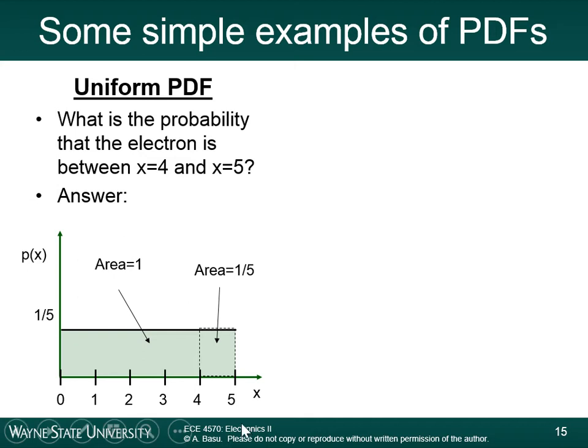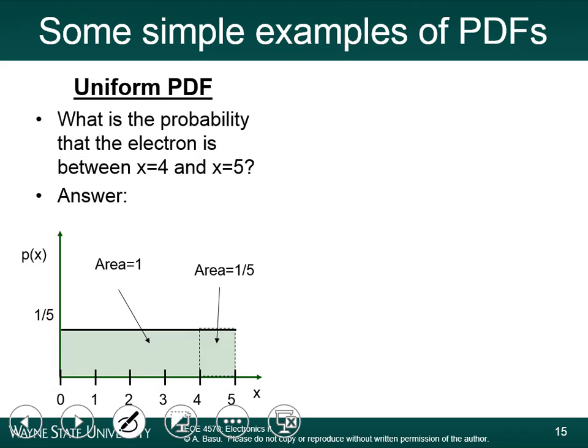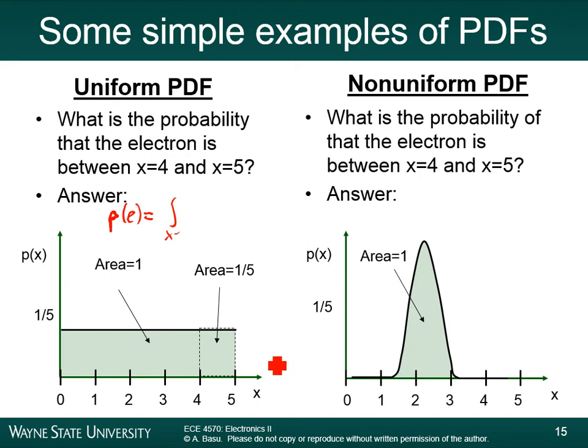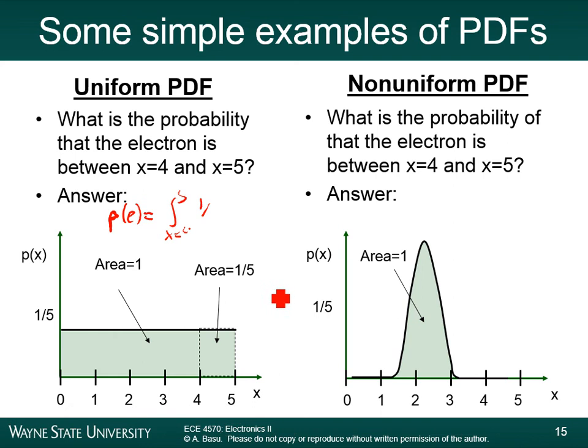If we want to find the probability that x is between 4 and 5, we would take the integral. Yeah, the pen doesn't seem to like it when I do this. All right, let's use this one instead.